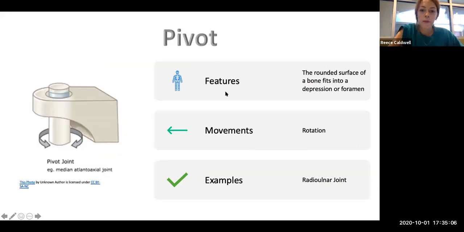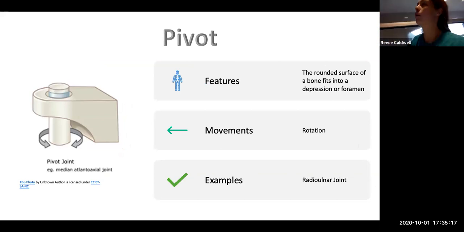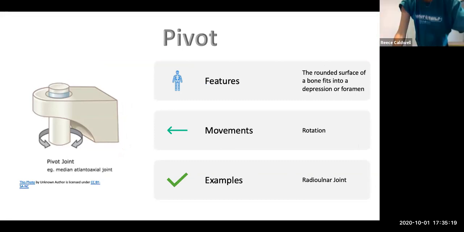So now we have pivot joints. An example of this would be the radio-ulnar joint. You might be like, whoa, wait, what is that? If you remember last week when we looked at the lower arm, we have the radius and we have the ulna, the radio-ulnar joint.